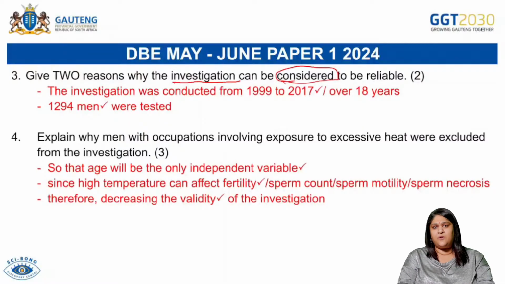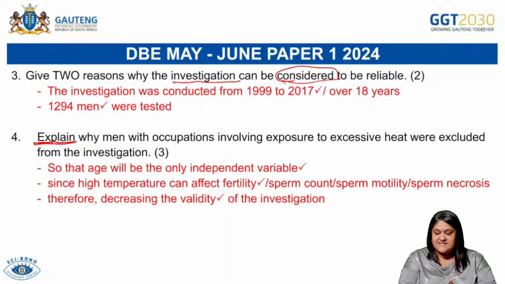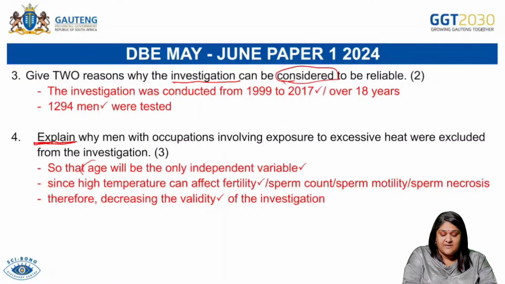Okay, remember that when we are giving answers in life sciences, when it's an explain question, you don't always have to give the answer step by step the way it is given in the marking guidelines. Okay, you need to understand what is happening. So what does excessive heat do? High temperatures can affect fertility. So therefore, they did not use these people because age can be the only independent variable.